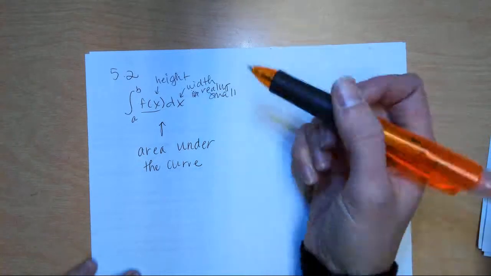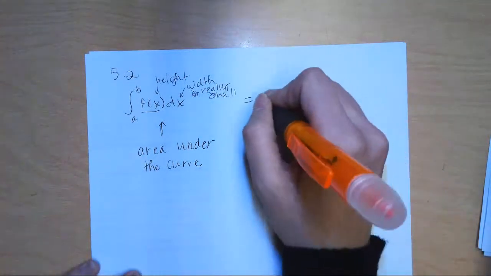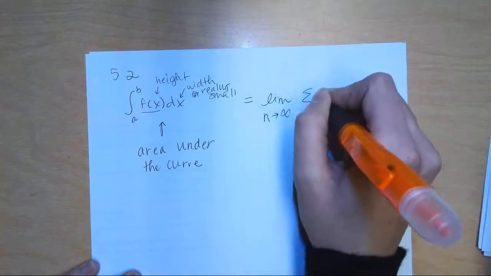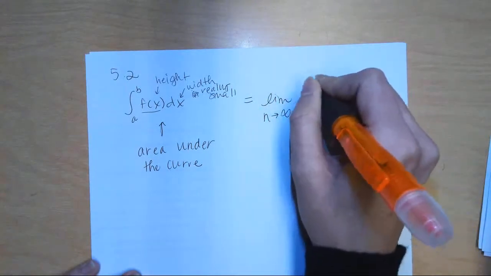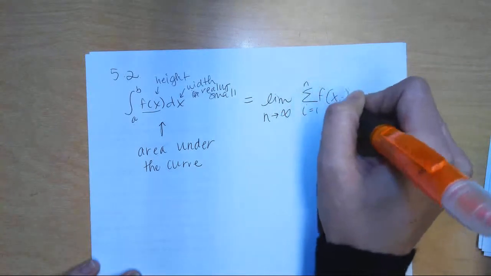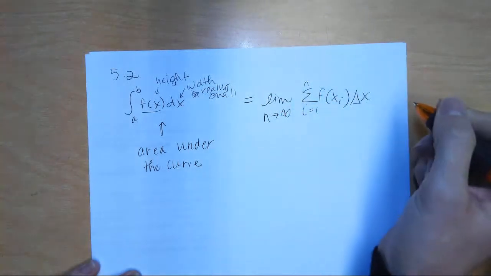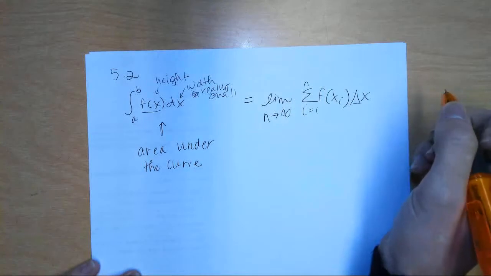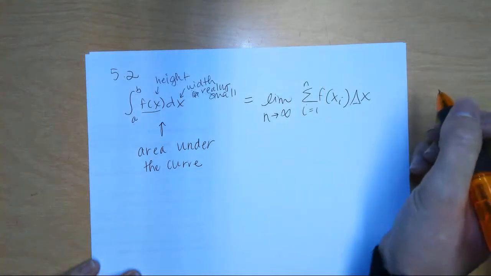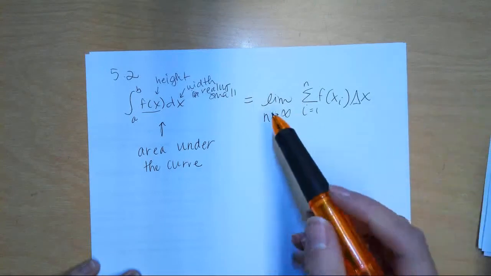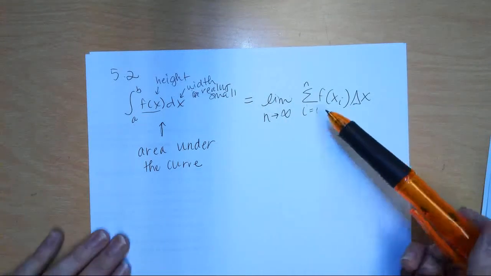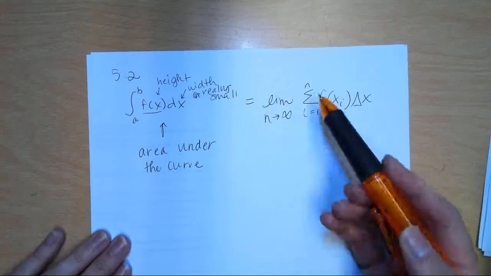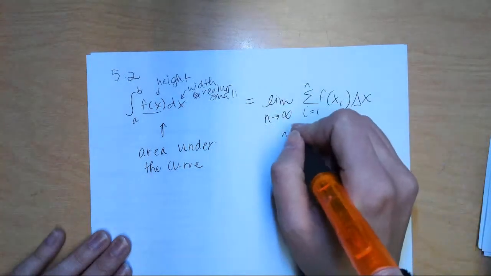Okay. So this is actually equal to the limit as n goes to infinity. n is the number of rectangles.